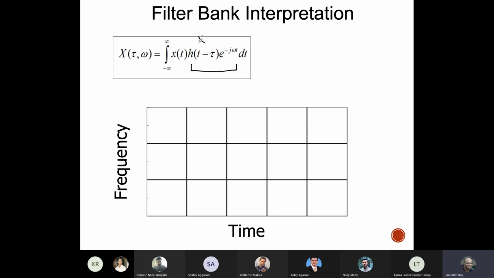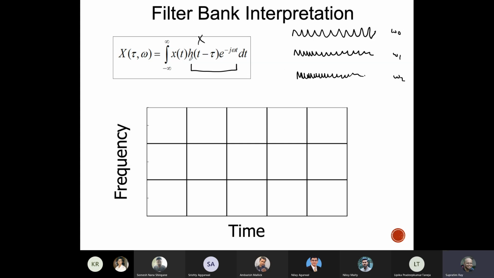Even if you didn't have this and you were just doing the Fourier transform, which means h(t) is just 1 or is not there at all, it's still your signal multiplied by a sinusoid like this, and a sinusoid which is faster, and a yet faster sinusoid, right? So this is omega 0, omega 1, omega 2.